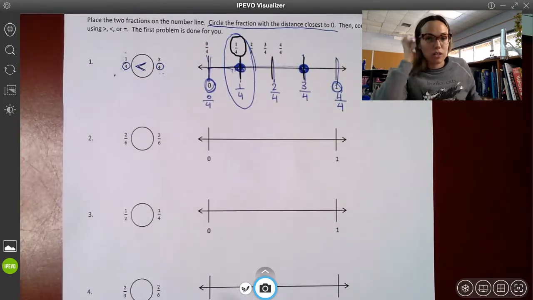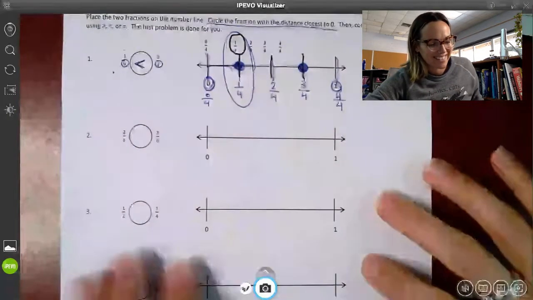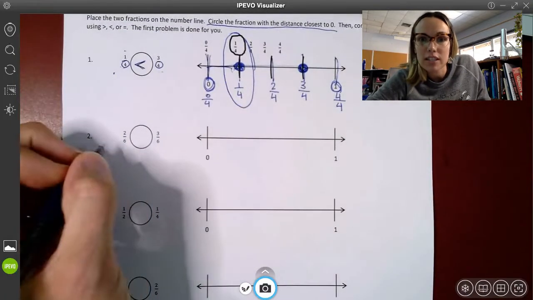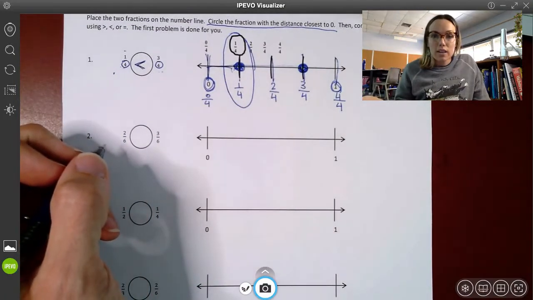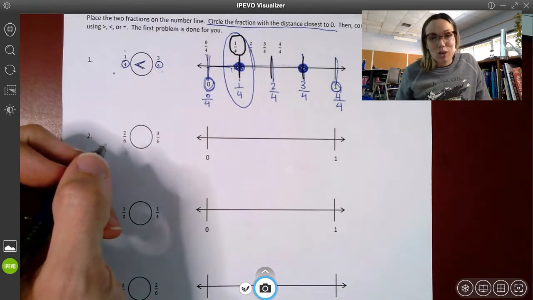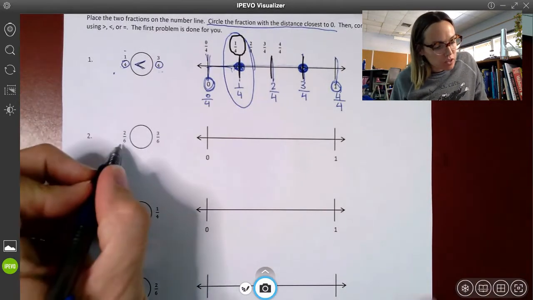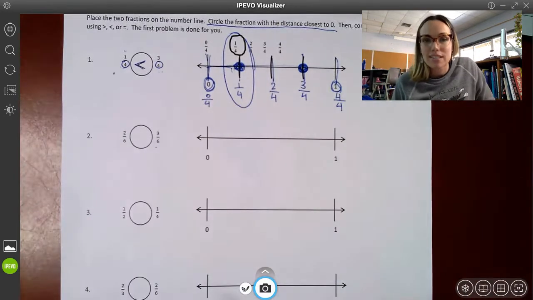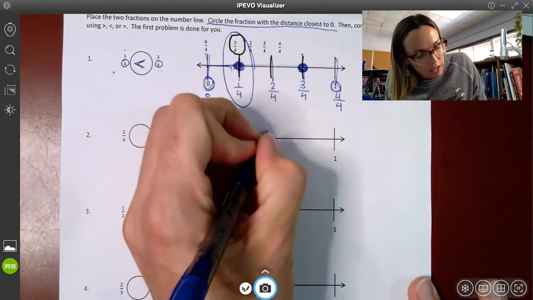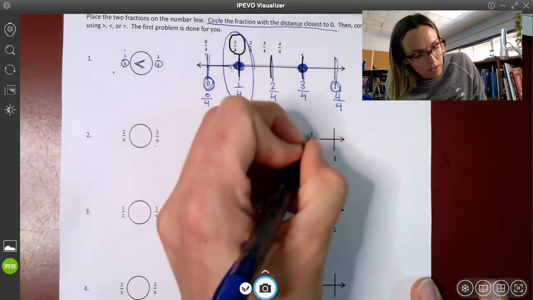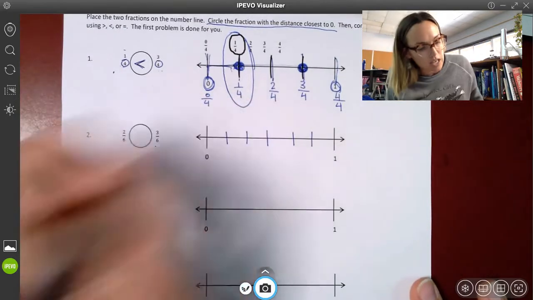Okay, let's see if we can do the second one without any guidance. So here, let's check the denominators first because that will tell us how many parts we should partition our number line into. So here I see 2 sixths and 3 sixths. So ding, ding, ding, big signal. We should split it into sixths. So we want 6 equal parts.